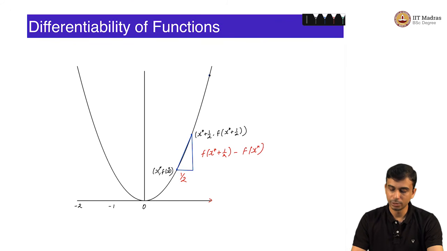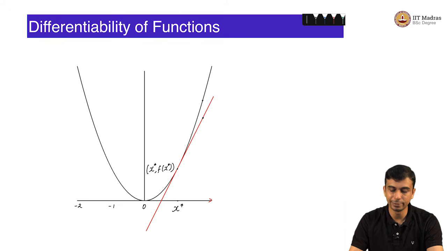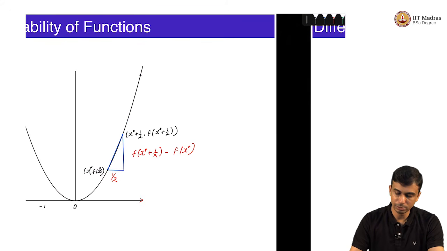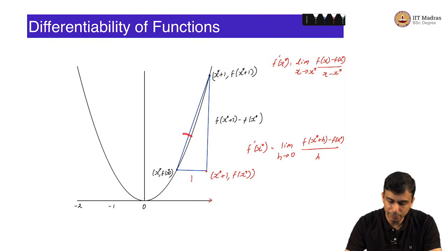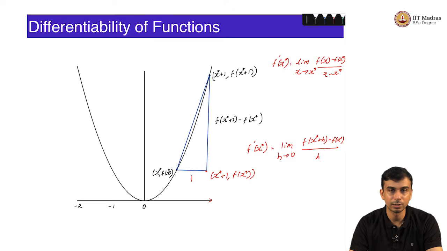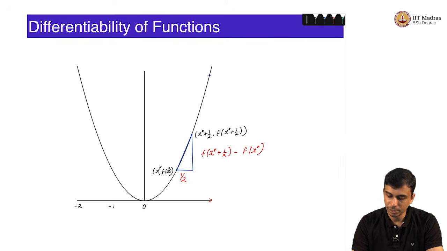If you do that, you end up with the ratio of two terms which exactly corresponds to the derivative. This blue line here, when h is equal to 1, you can see there is a gap between the blue line and the black curve corresponding to the function, and that gap is lesser when h is equal to half.